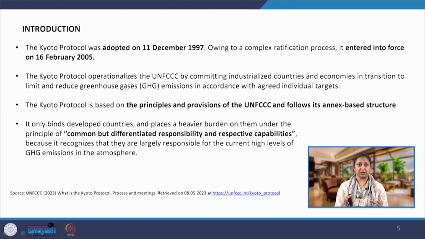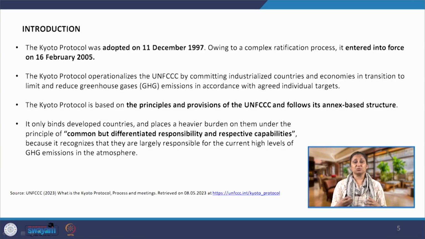So, quickly introducing Kyoto Protocol. I am not going to take you through the historical events that led to it, but UNFCCC was proposed and adopted in 1992, which was the first Earth Summit, and 5 years after that the Kyoto Protocol was adopted in December 1997, and there was a very complex ratification process which was required. Ratification, as I have already mentioned in the previous lecture, requires parties to sign.